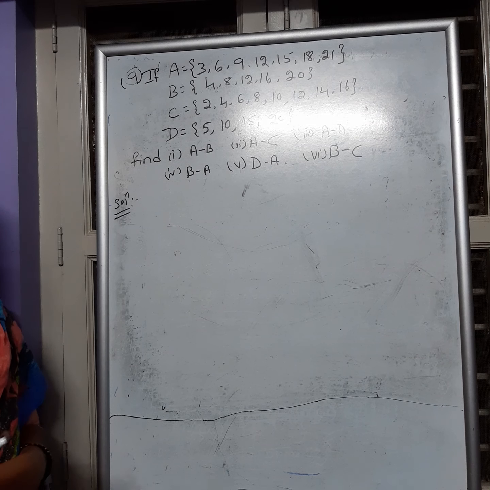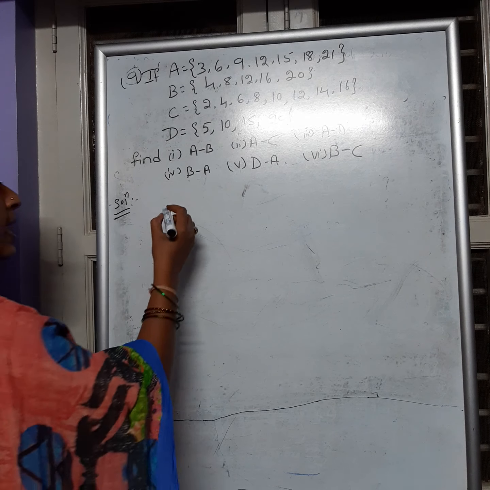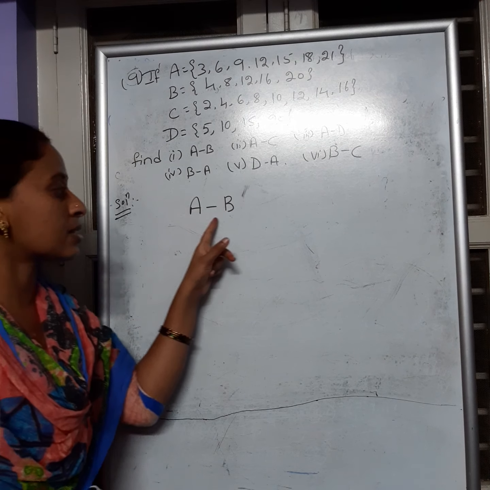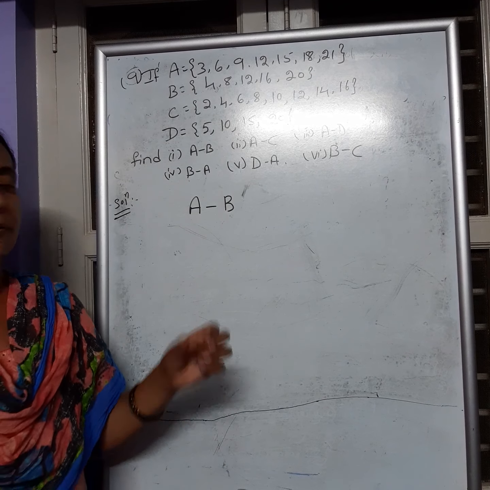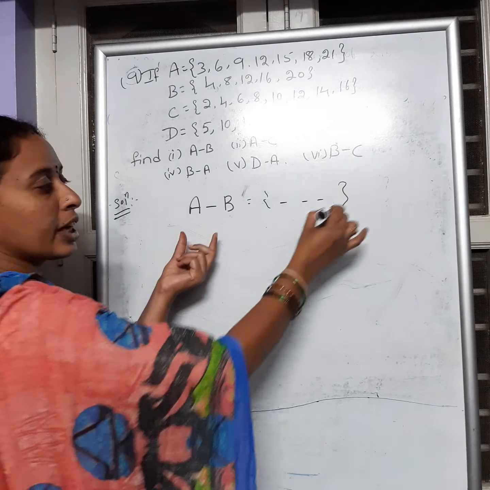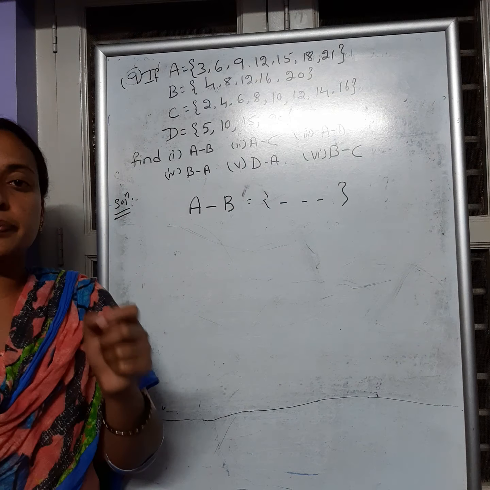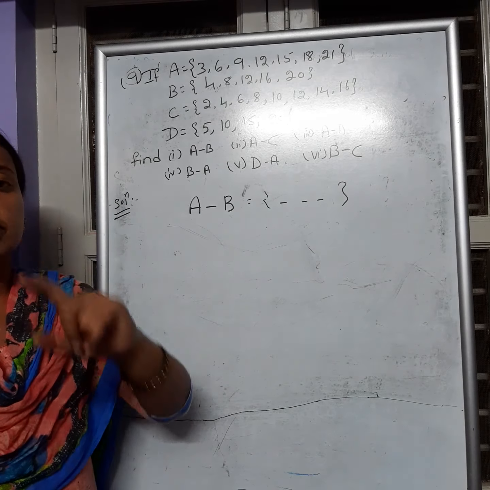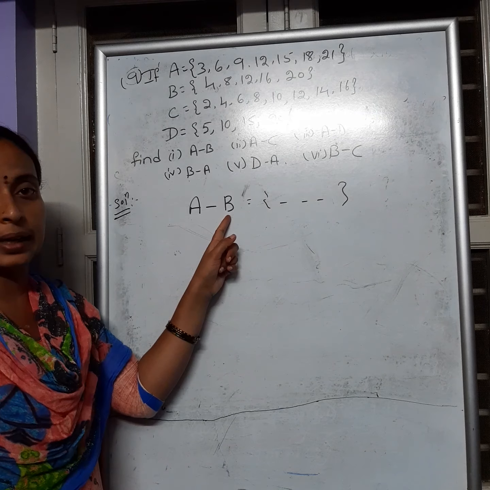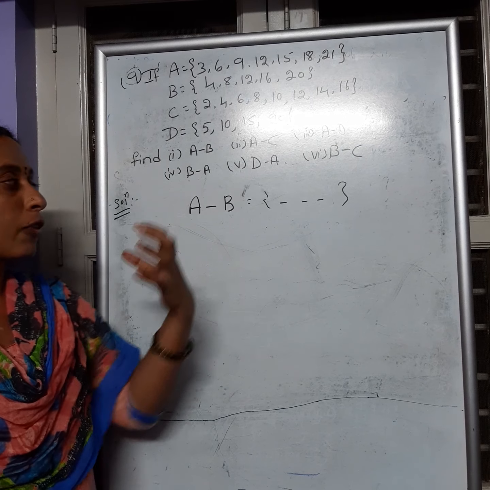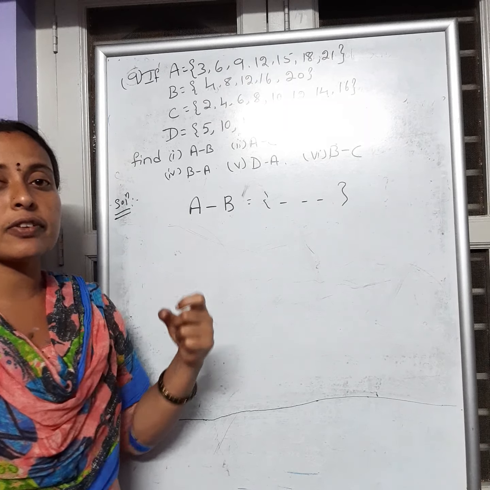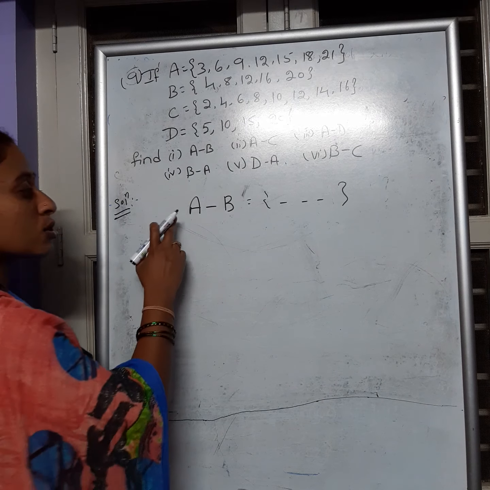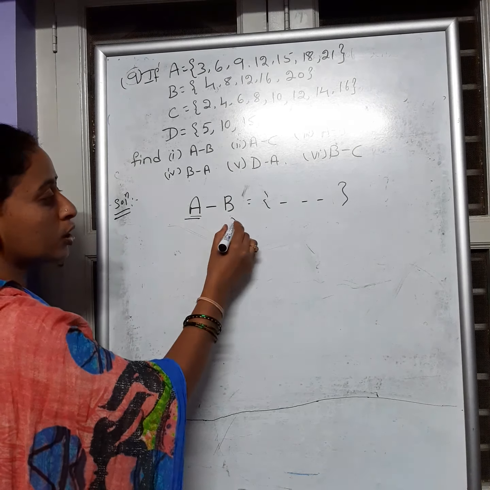The definition: the difference of two sets A and B, in this order, is the set of all elements which belong to set A but not to B. When we take the difference of sets A and B, the elements of the solution all belong to set A but not to B.